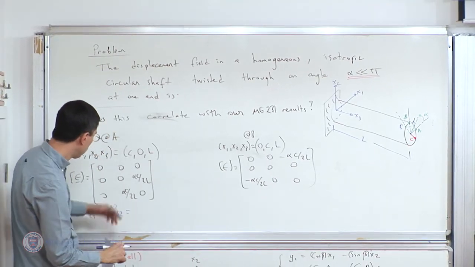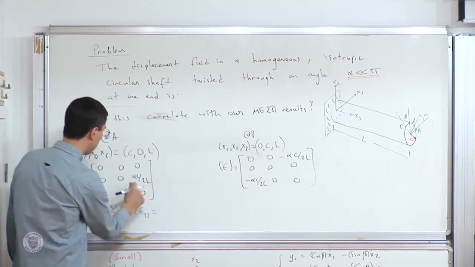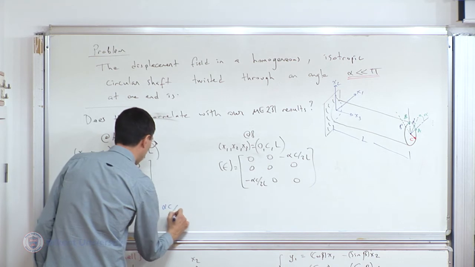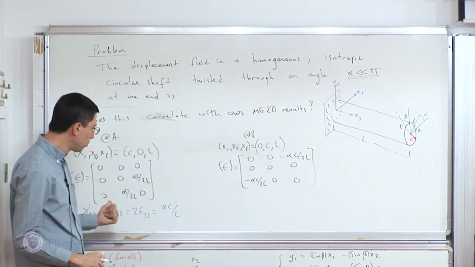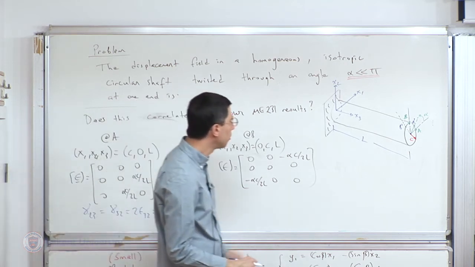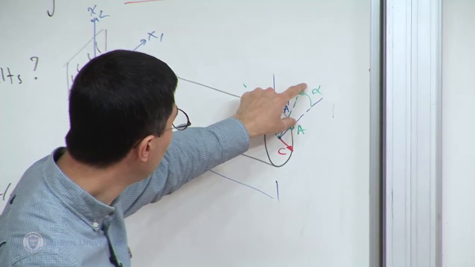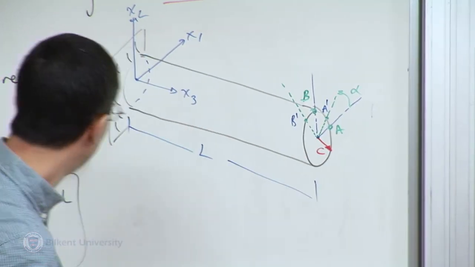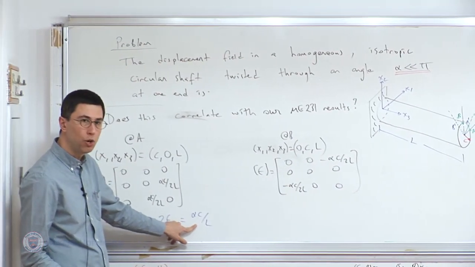And that is equal to twice epsilon 3,2 in the context of this course, so it's equal to alpha c over L. So indeed, if you go to 231 and look at your lecture notes, for such a geometry, a circular shaft twisted through an angle alpha at the end, radius c, length L, the shear strain at that end is equal to alpha c over L.